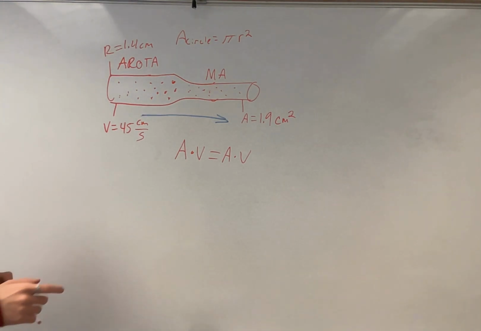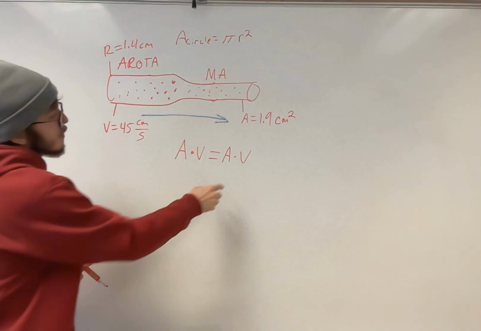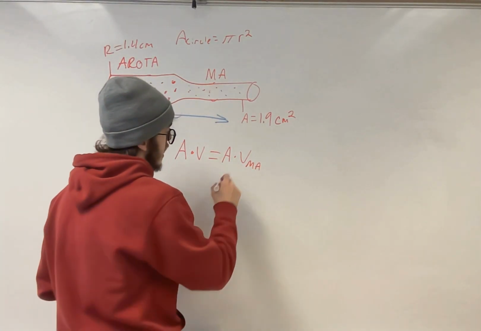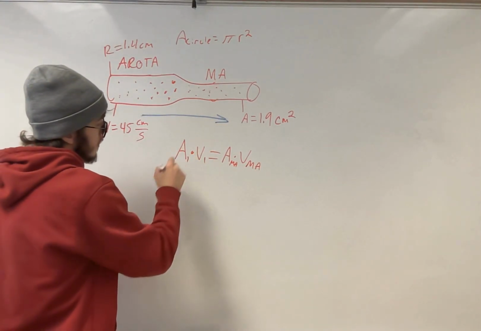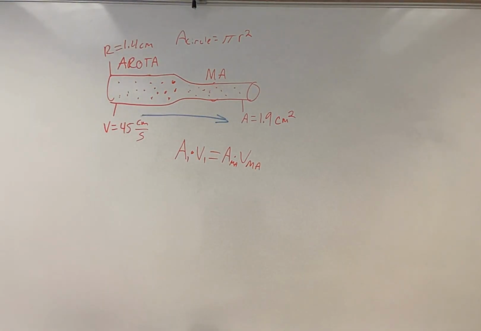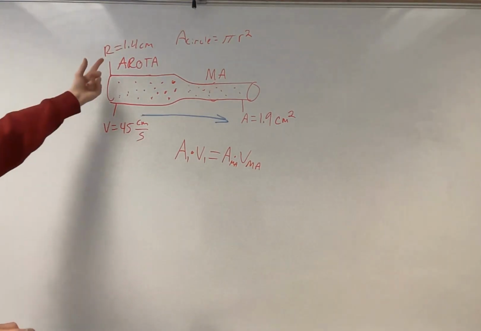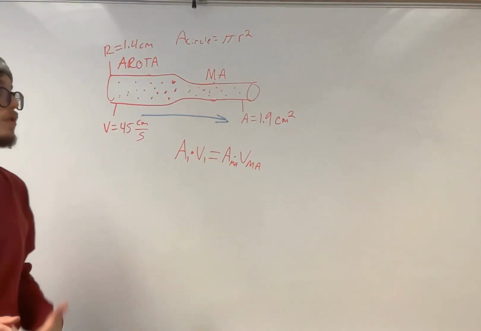So using this, we can actually figure out, and we're asked for, the velocity in the major arteries. So we'll write this as velocity MA, area MA, and we'll just call the aorta 1. Okay, so the aorta area, we need to find that. We're not given that. We're given a radius. We need to know that the area of a circle is pi r squared, right?